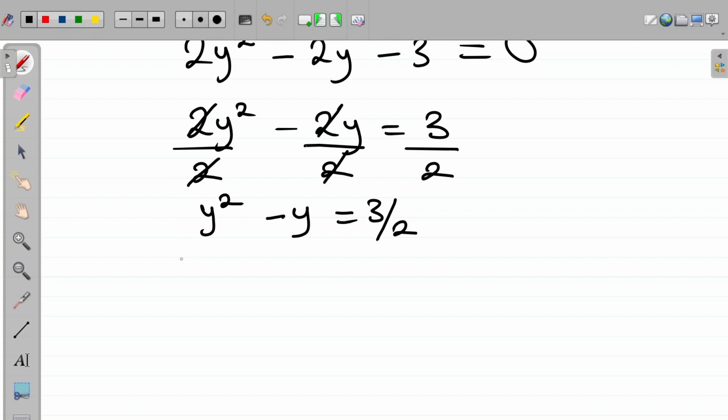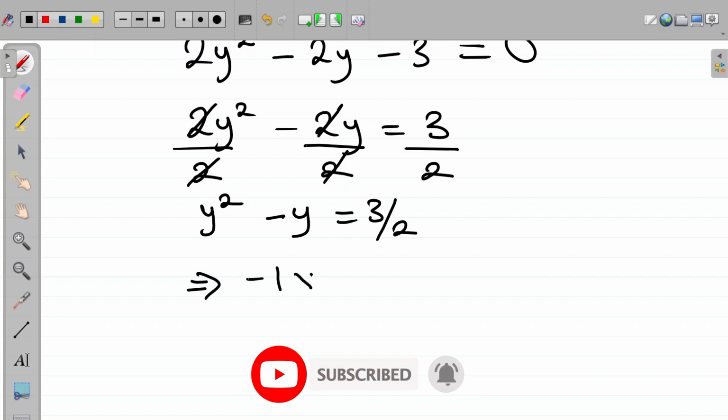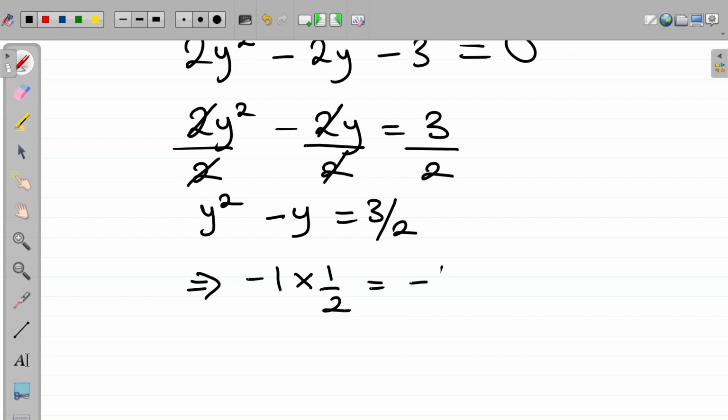So the next step is to multiply the coefficient of y by half, square the result, and add it to both sides of the equation. The coefficient of y is negative 1, so multiply it by 1 divided by 2, which is equal to minus 1 divided by 2, and then we square the result and add it to both sides.